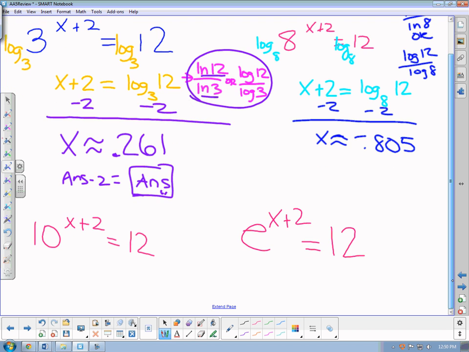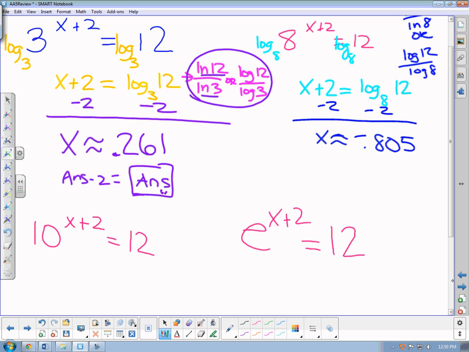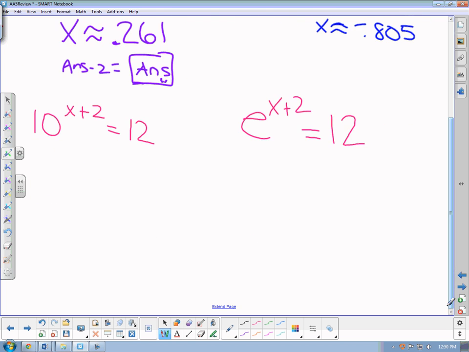If that base happens to be 10, well then we do not have to use anything. We just put log here and log there, because when you don't see log, remember the base is 10. Still, those two things are inverses, so they go away. So it's x plus 2 equals log of 12.